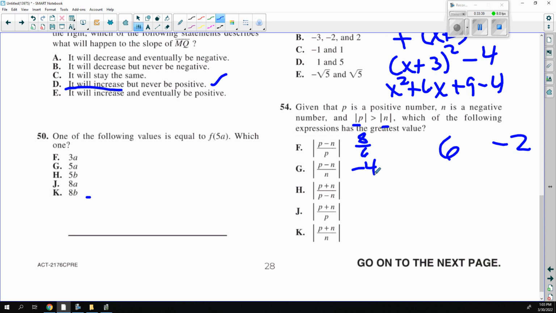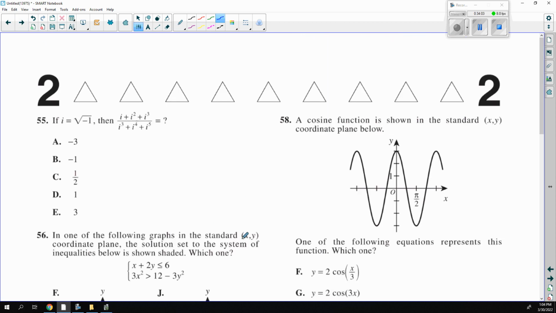This one would give me 4/8, so no way. This would give me 4/6, no way. And this would give me P plus N would be 4/-2, which is -2. I think the biggest one is that one. You could do that on STO if you choose.